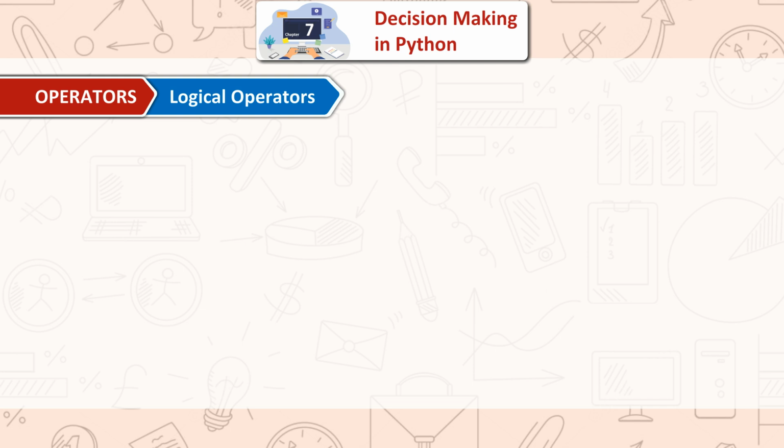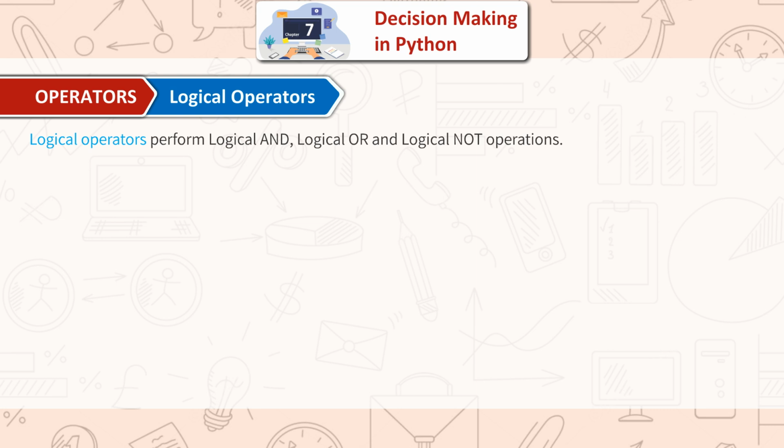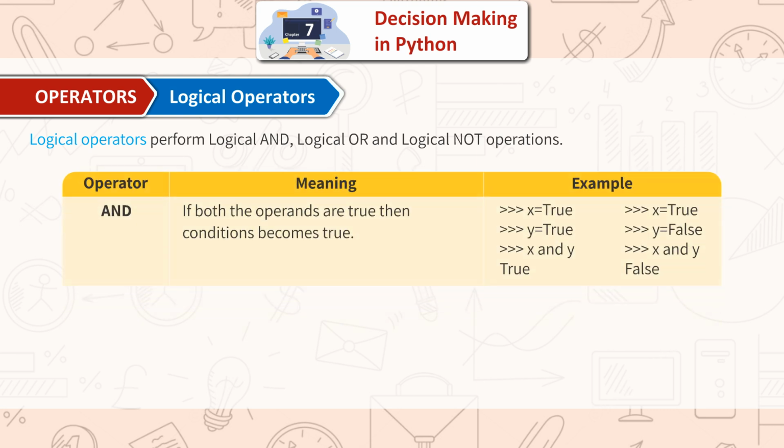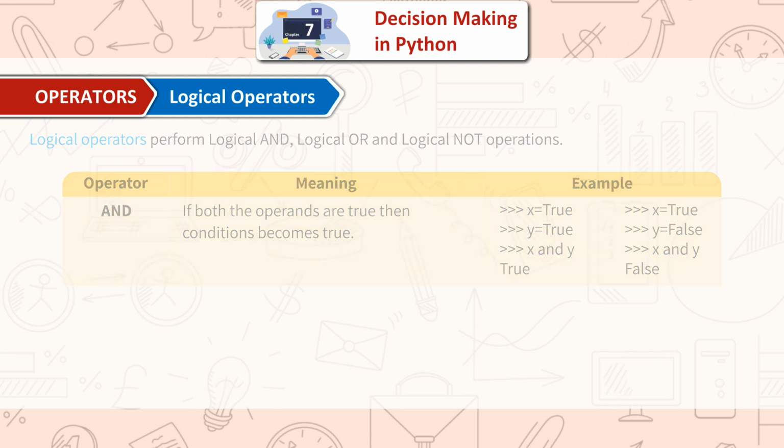Logical operators. Logical operators perform logical and, logical or, and logical not operations. Operator, meaning, example. And: if both the operands are true, then the condition becomes true. X is equal to true, Y is equal to true, X and Y, true. X is equal to true, Y is equal to false, X and Y, false.